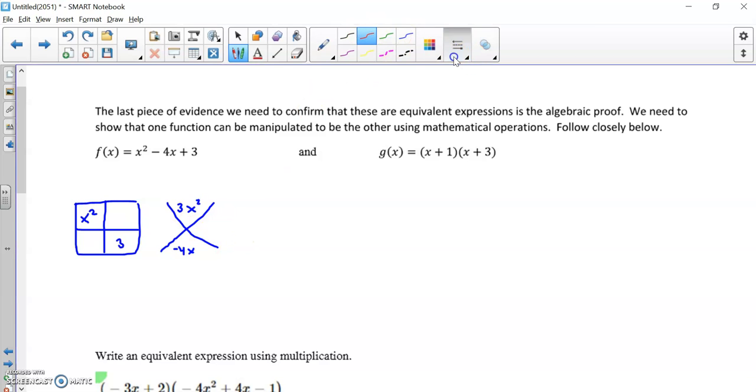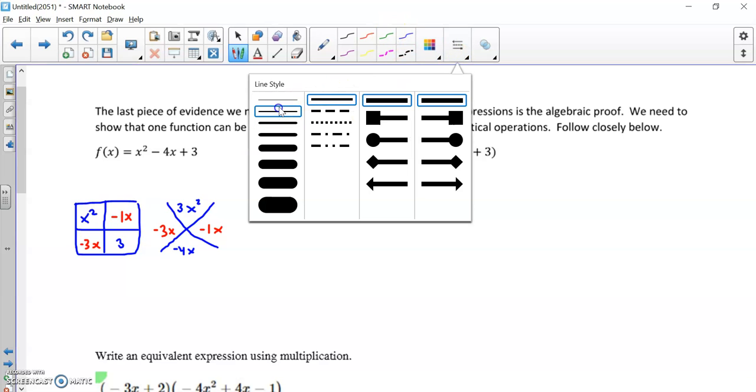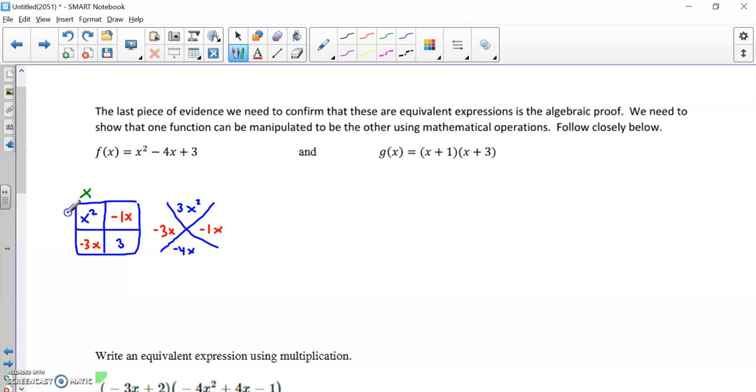Okay, so now you play the game. What two numbers multiply to make 3 and add to make -4? Hopefully you would eventually come to the conclusion that that is -3 and -1. So we're going to get -3x and -1x and fill the rest of our boxes. Right, now we can fill out the outside. So what times what equals x squared? Well, that's x. x times what is -1x?